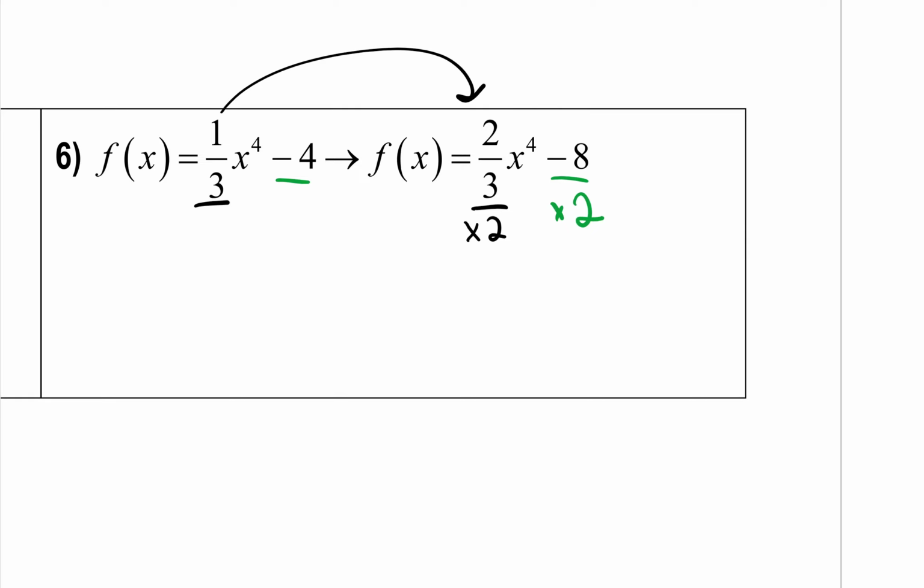So look, it's the same thing. But if you don't like fractions, that's totally fine. Do the whole numbers. They are easier, I'll admit that. Because I multiplied by 2 to go from the first one to the second one, I stretch by 2. And that's my answer for that one.